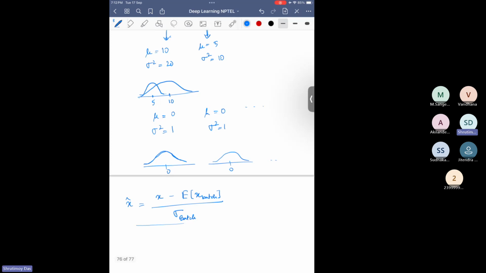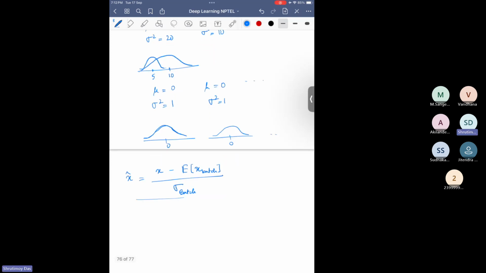There is another issue. I want my data to behave well, that is, to come from the same distribution, but in some cases, suppose you are doing a 10 class classification, you have 10 classes, but each of these classes may have a different distribution.